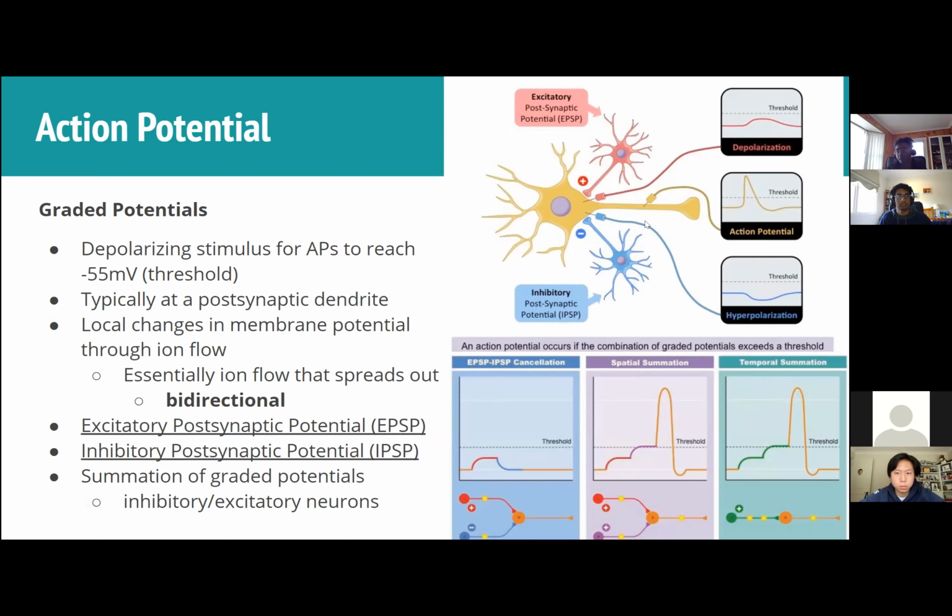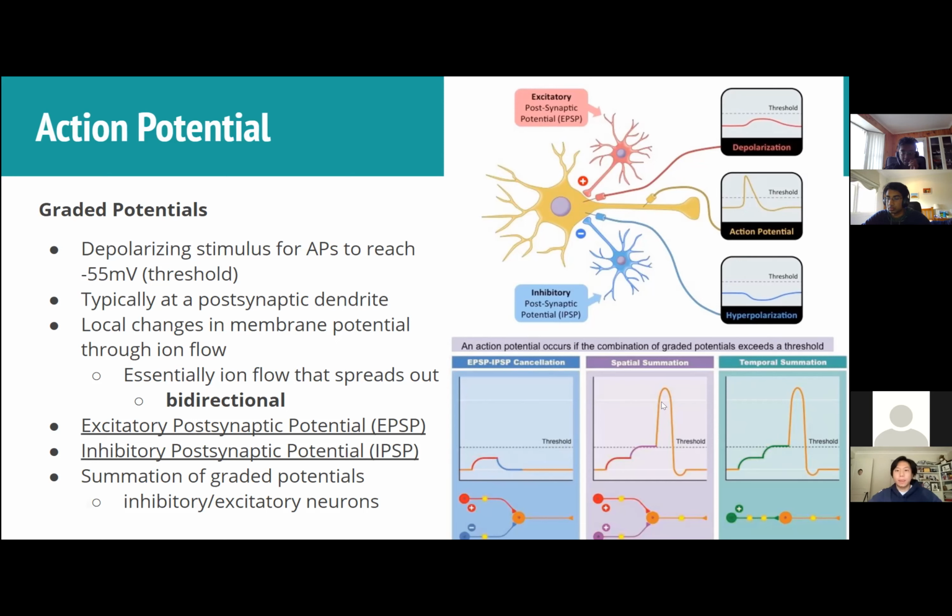So we know in order to create an action potential, we need to eventually hit a threshold potential before the action potential can take place, right? Because of the presence of voltage gated channels. So the way that we get to that threshold voltage, if there's multiple excitatory postsynaptic potentials, then they can add up.